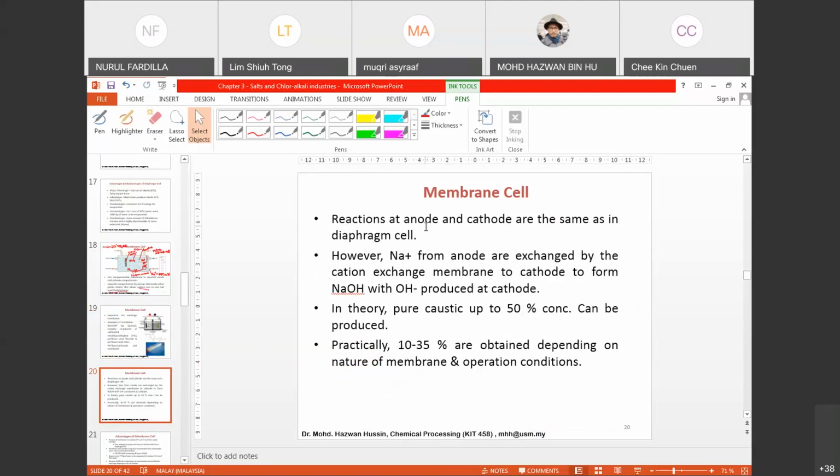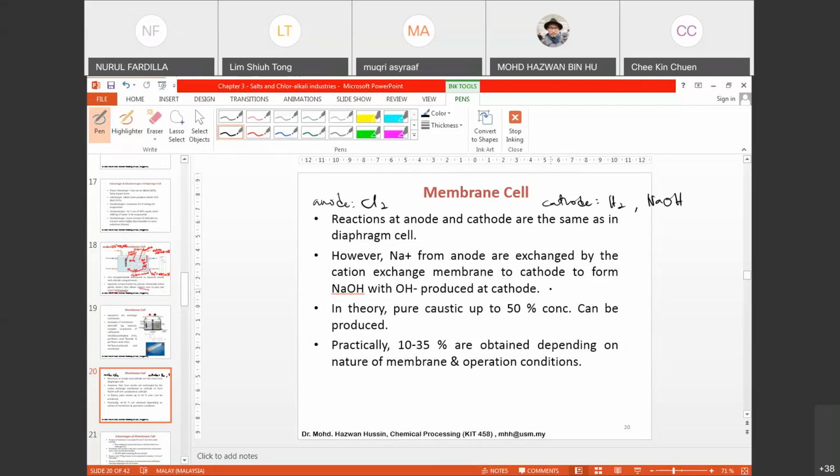Reactions at the anode and cathode are the same as in the diaphragm cell. As I told you, the reaction at the anode produces chlorine gas, and at the cathode it produces hydrogen gas and also sodium hydroxide.